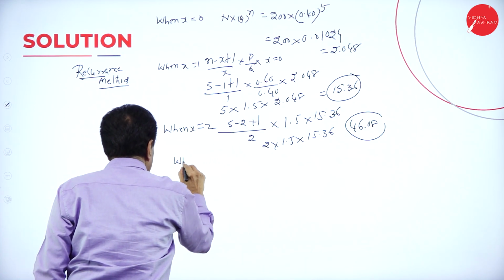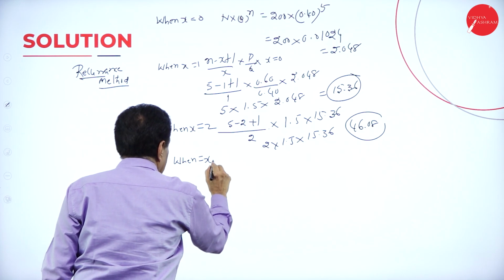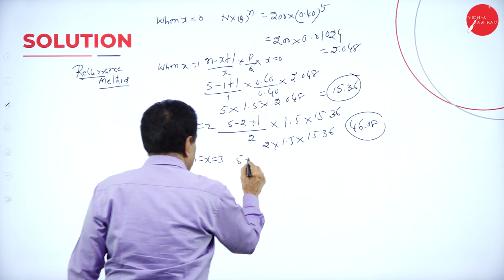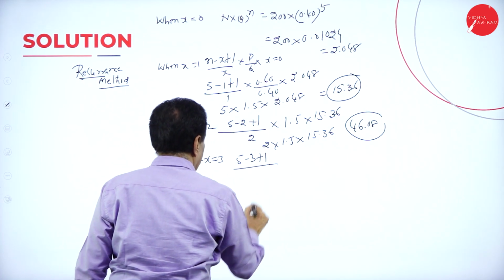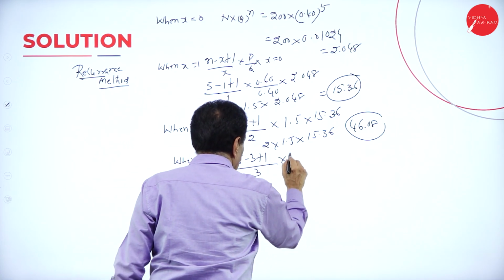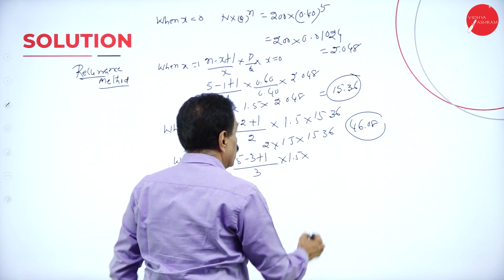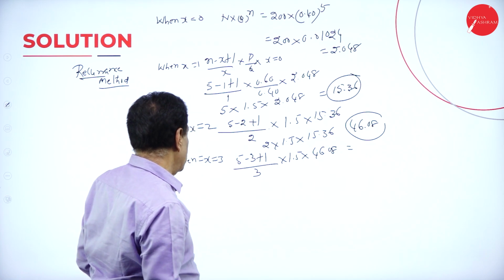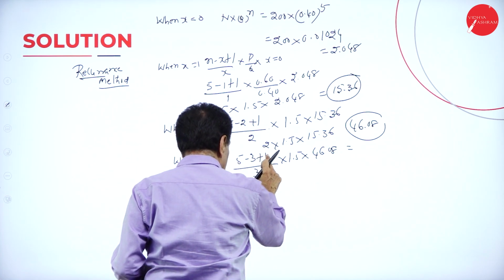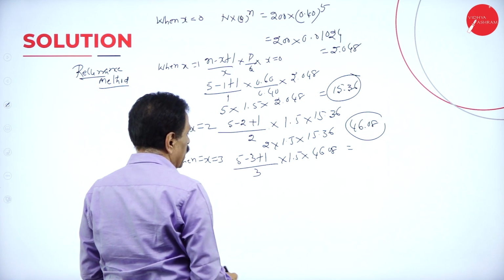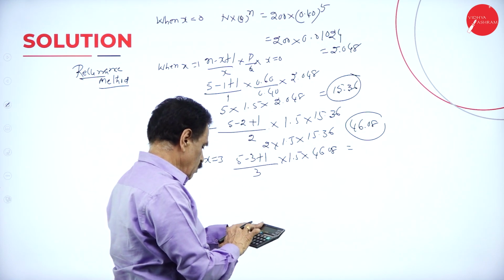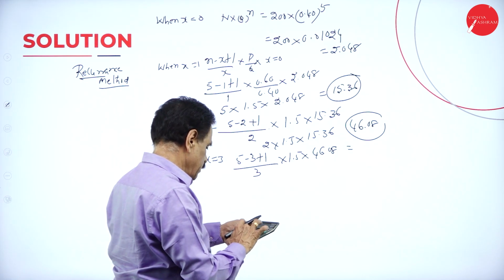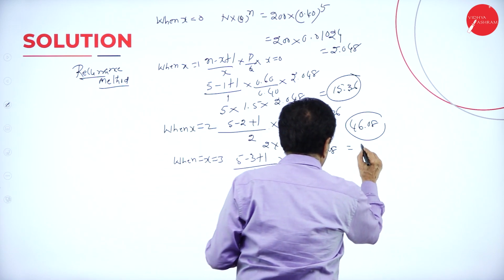When x is equal to 3, same apply. 5 minus 3 is 2 plus 1 is 3, divided by 3, into 1.5 into the previous value 46.08. Simplify: 1 into 1.5 into 46.08 is 69.12.